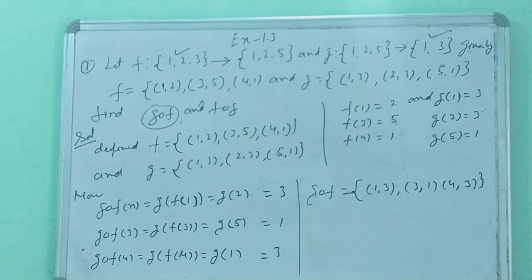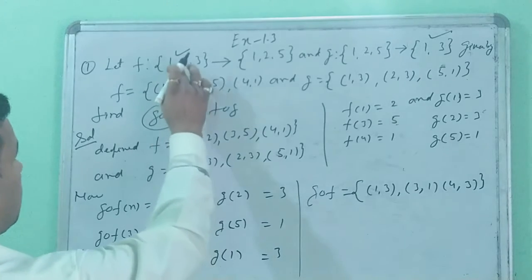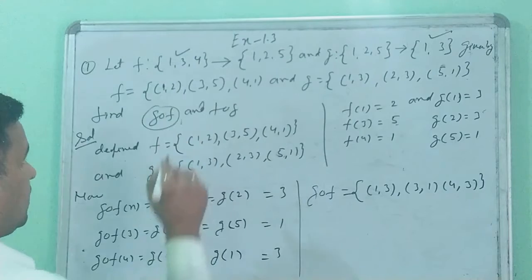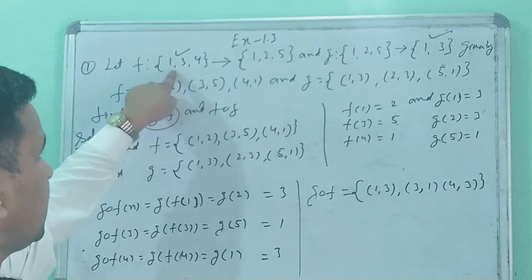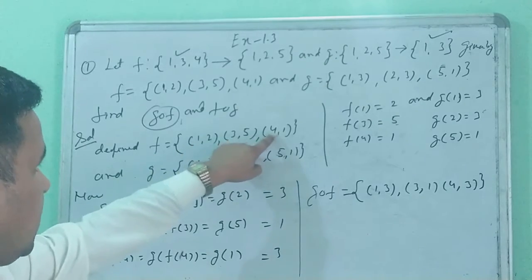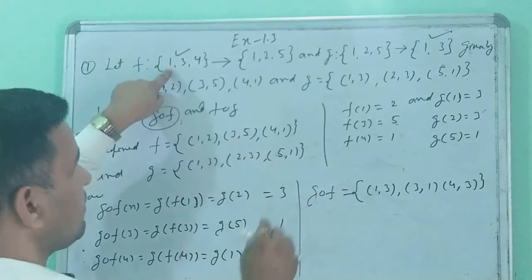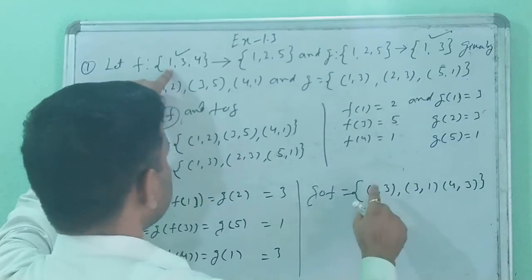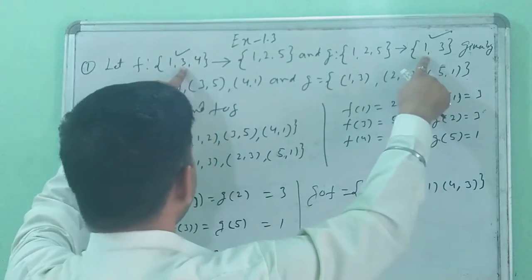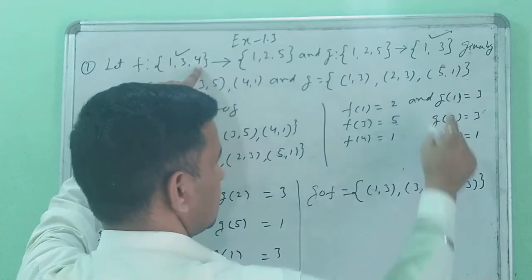According to this way, the relation here is 1, 3, 4. This is the relation here: 1, 3, 4. This is not 1, 2, 1, 3, 4, because here it is 1, 3, 4. This is right in the answer book: 1, 3, 4. Then the direct relation 1, 3, 4 is in the domain. That means 1 has relation 3 first, 3 has relation 1, and 4 has relation 3.